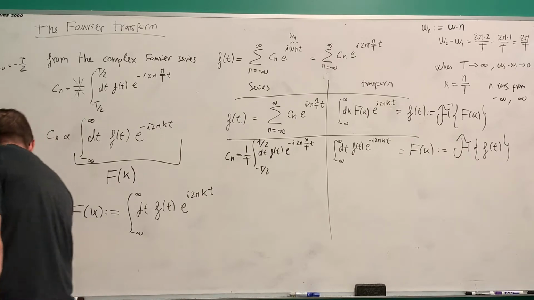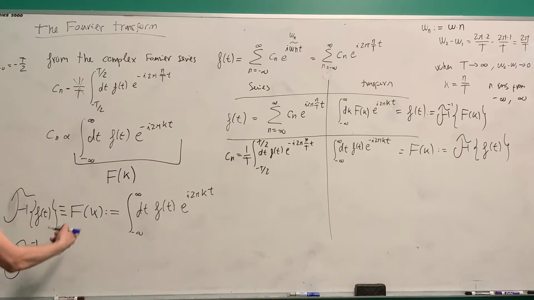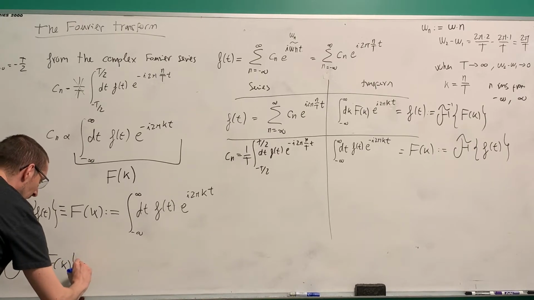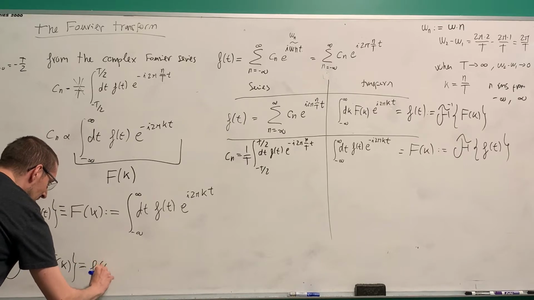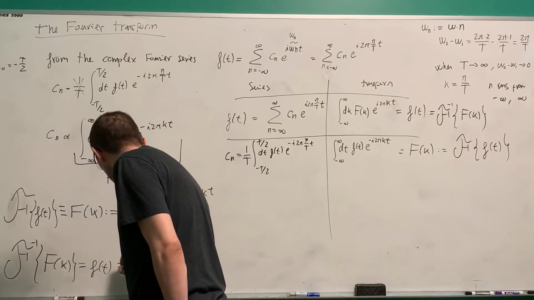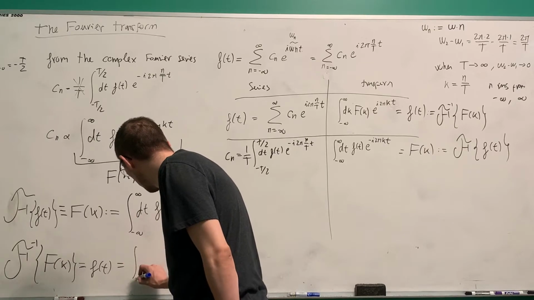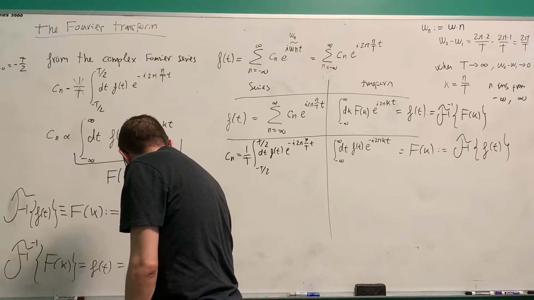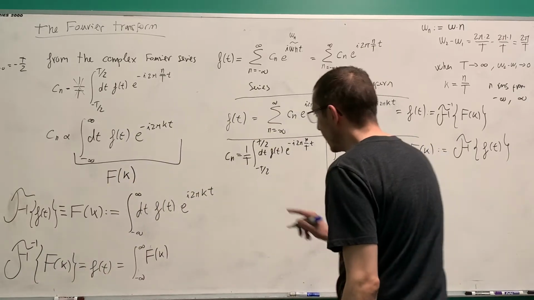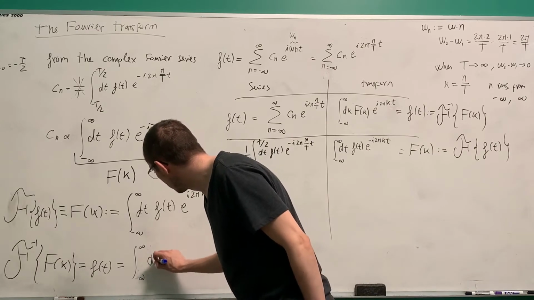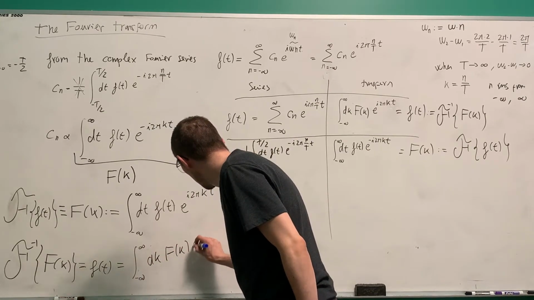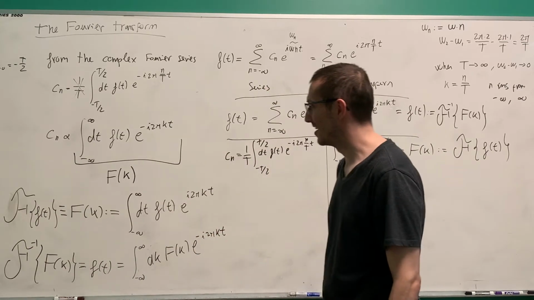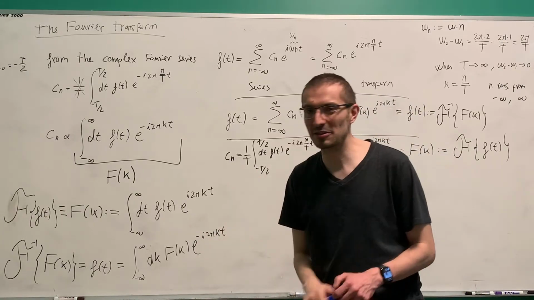And then I know that the inverse Fourier transform, which is the same as f of t because it's undoing the Fourier transform, is equal to the integral from minus infinity to infinity dk capital F of k e to the minus i 2 pi kt. So that would be a Fourier transform and that an inverse Fourier transform.